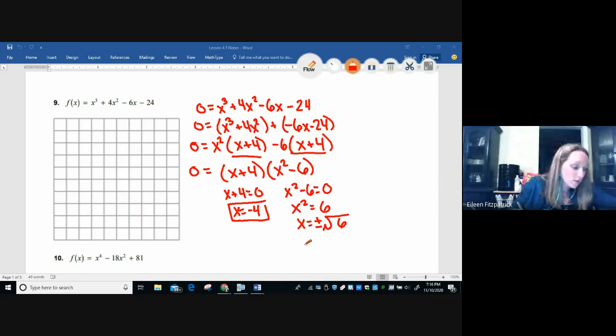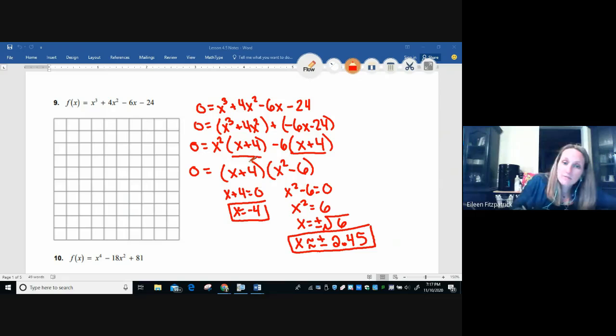So you may want to get a decimal approximation, which you could just pull up your calculator. I'm just going to tell you what it is because we need to know where to approximately plot them. Remember, these are sketches. So x is equal to approximately plus or minus 2.5. Okay. Notice I have 2 solutions here, a positive 2.45 and a negative, and then one solution there. It's degree 3, and I have my 3 solutions.